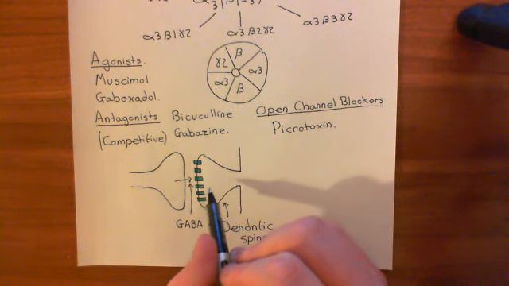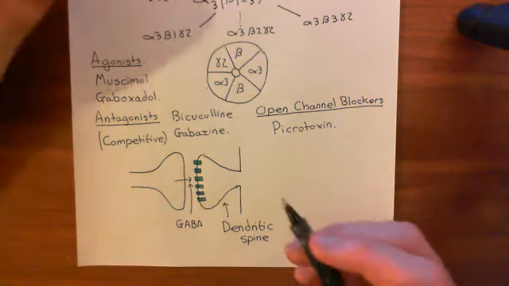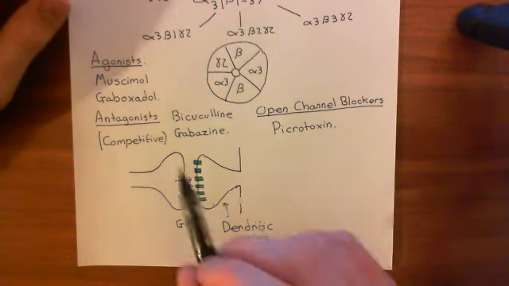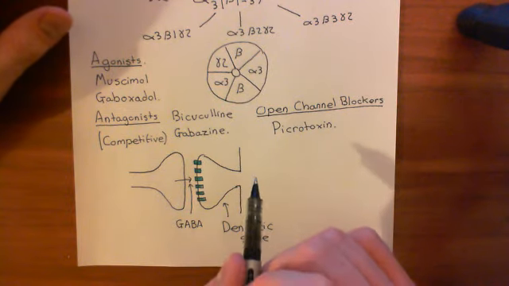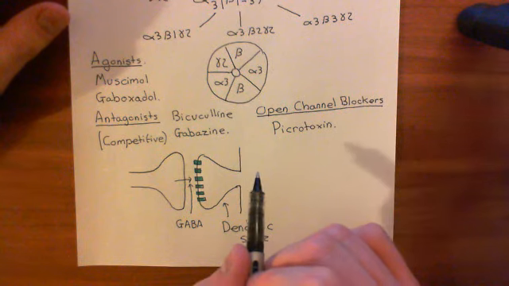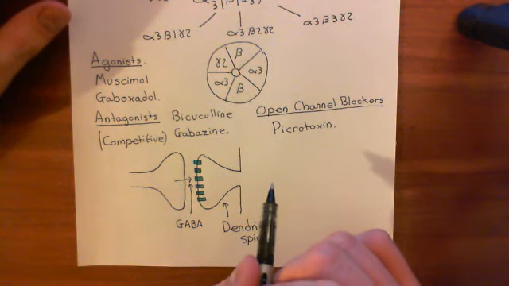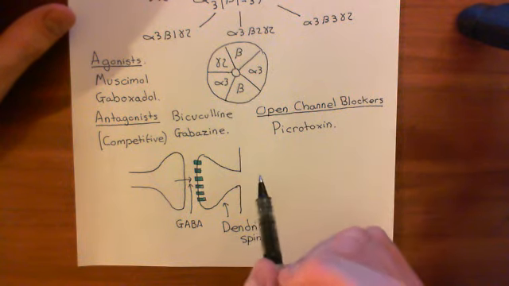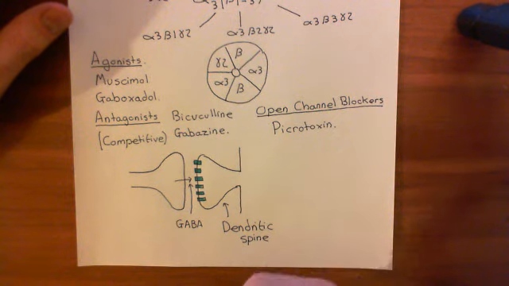This inhibitory effect has increased. So benzodiazepines are going to decrease the number of neurons firing within the brain, which means they can be used to prevent epilepsy and also as anxiolytics, very famously as anxiolytics. They can also be used to produce sedation, and another effect they have is amnesia.